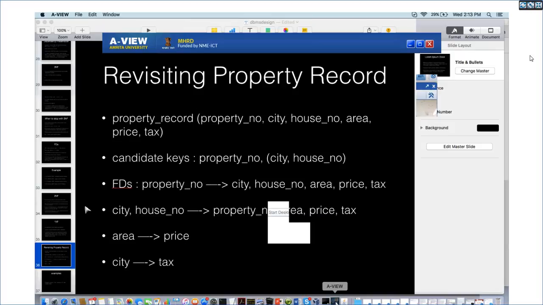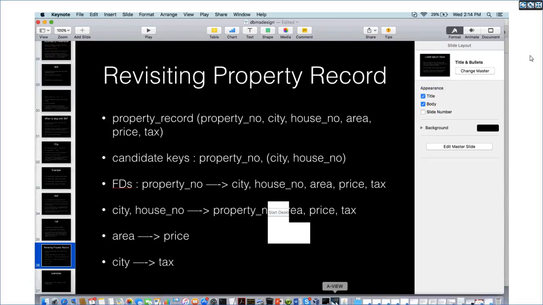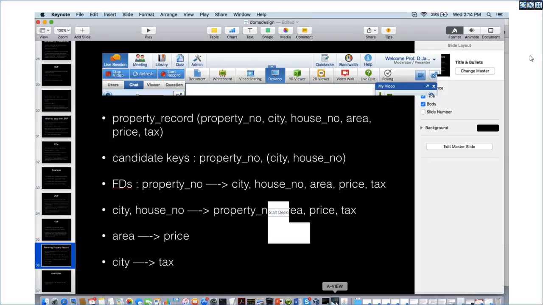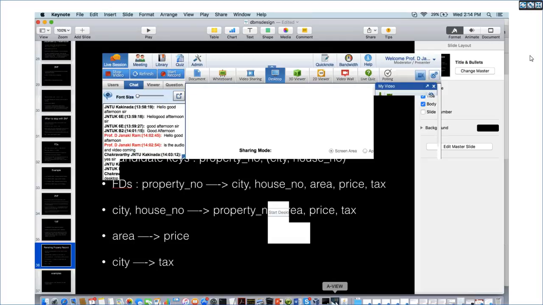Now, let me ask the question: is this relation, the property record, in second normal form? Can somebody answer?